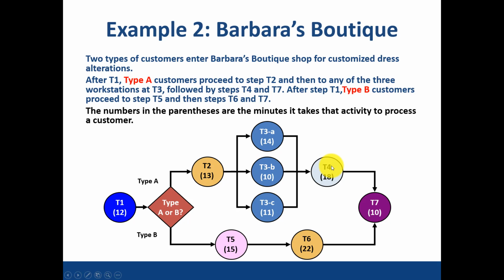Eventually, number 4 and number 7, for sure, that's payment, because that is common for customer A's, but also for customer B's, okay? The numbers in the parentheses are the minutes it takes that activity to process. So all these numbers that you see here are minutes per customer. Okay, so that's our process in a flow chart.